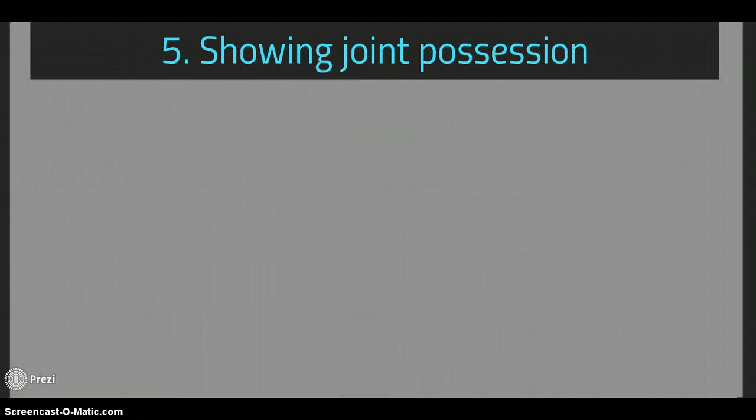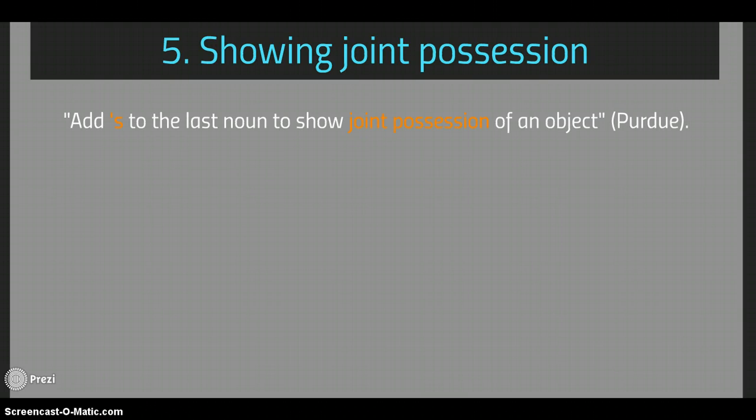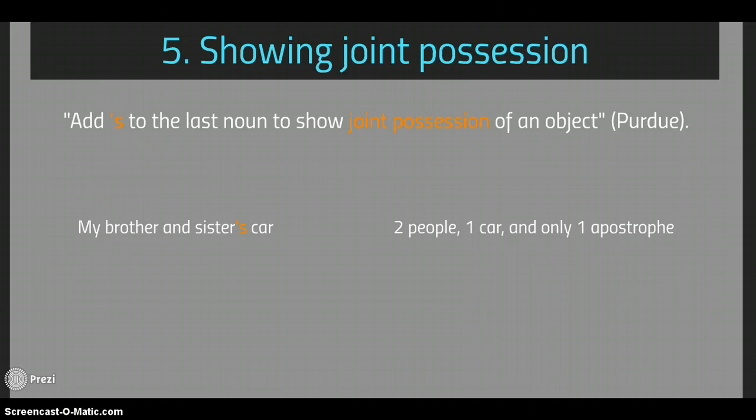Number 5, to show joint possession, we have to add an apostrophe S to the last noun. So in this example, my brother and sister's car, we have two people, one car, and only one apostrophe, which is going to go after the last noun, which in this case is sister.